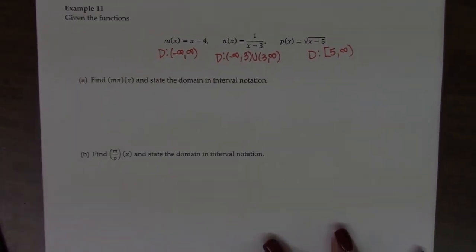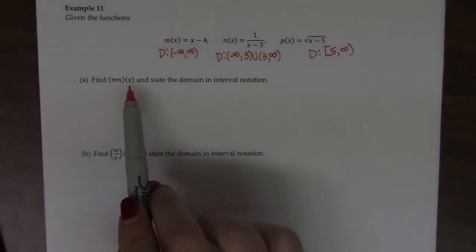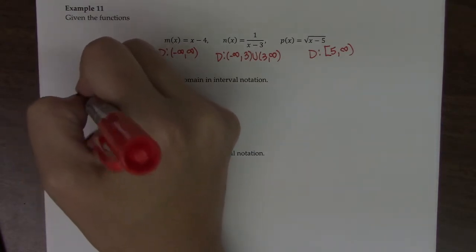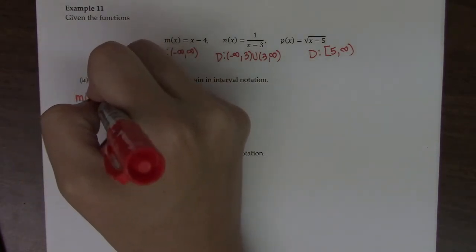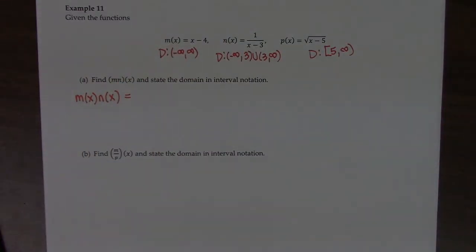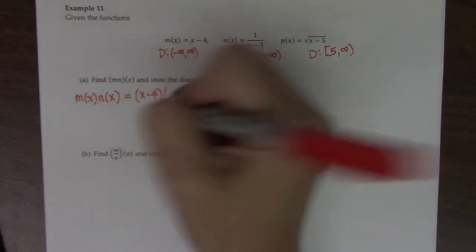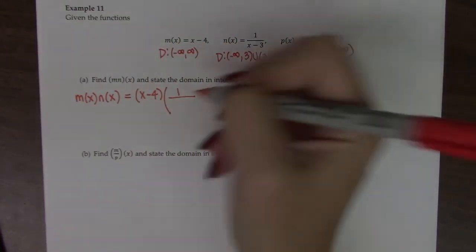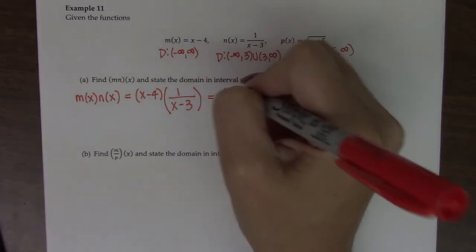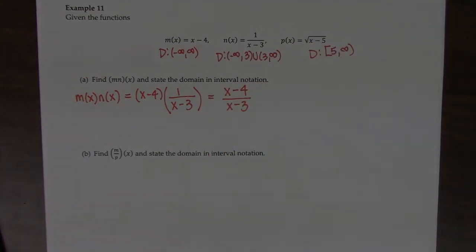Now let's look at part A. This says find m times n of x and then state its domain. That is the same thing as saying take m of x and multiply it by n of x. m of x is x minus 4. I'm going to multiply that by 1 over x minus 3, so I end up with this expression.